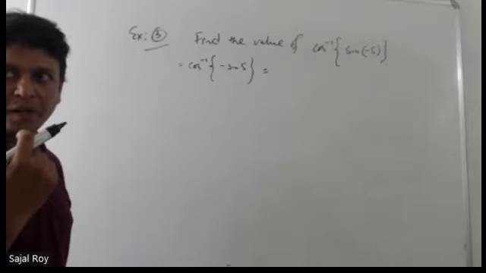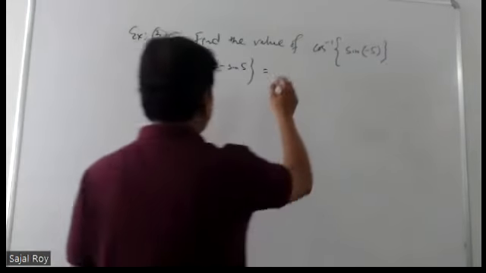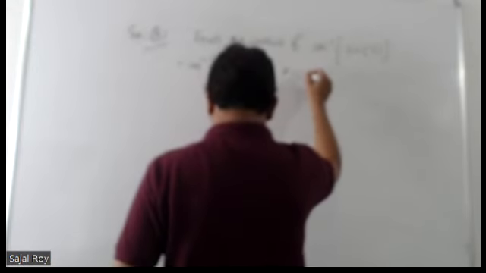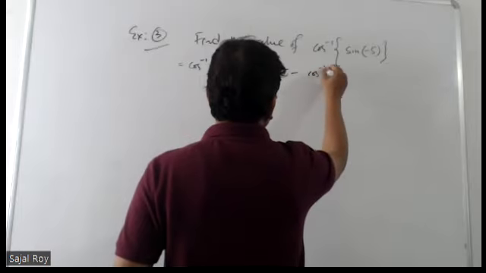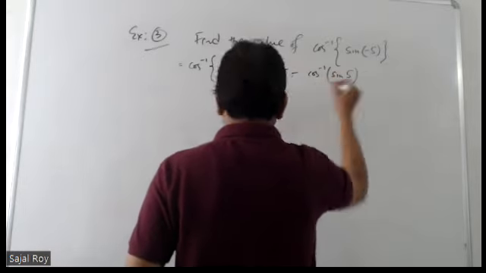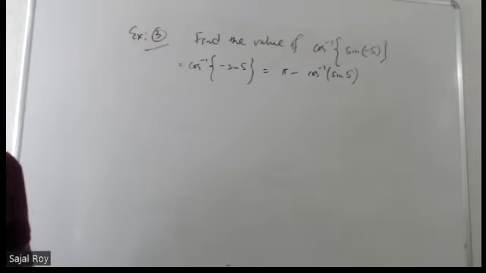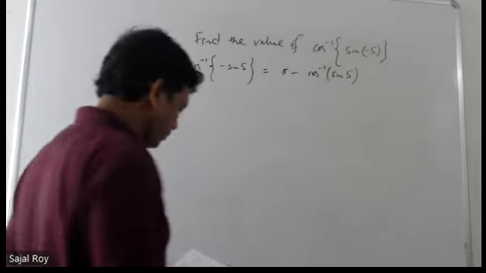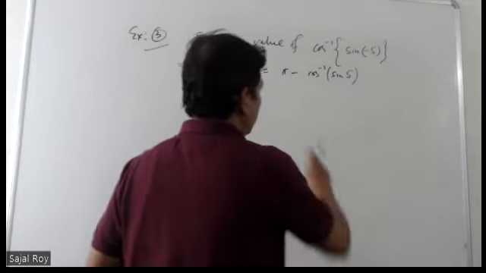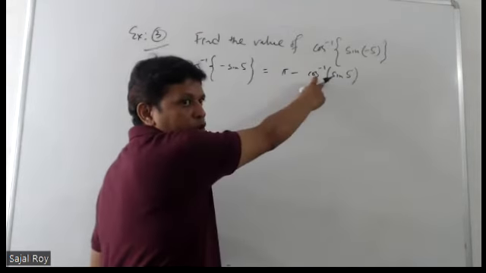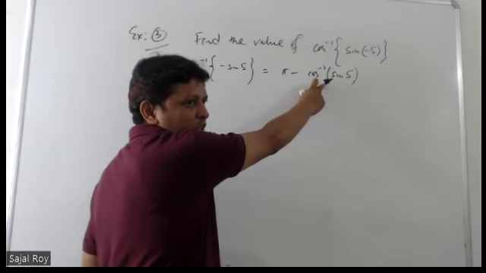I have written in property 1. So it will be pi minus cos inverse of sine phi. Am I correct? So all the relations I am using. Okay, got it? Because cos inverse of minus x is pi minus cos inverse x.